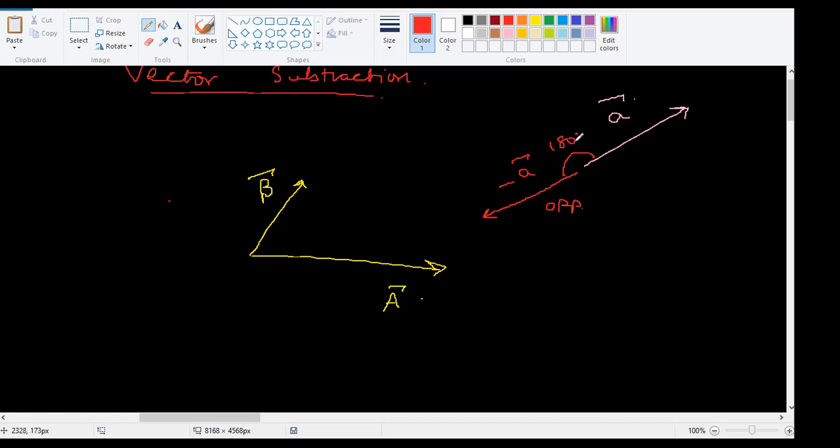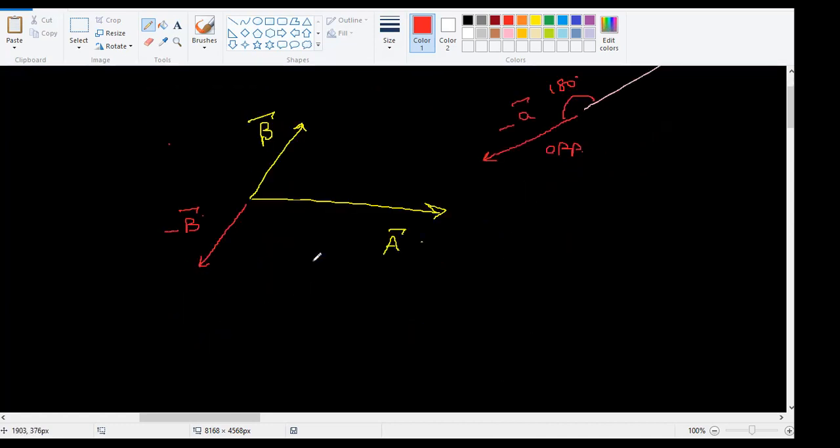With that concept, if I want minus b vector, I'm going to draw it this way. Anybody not following? If you take the opposite, that is your minus b. Luckily, I already studied vector addition. So instead of doing a plus b, I'm going to do a plus minus b.